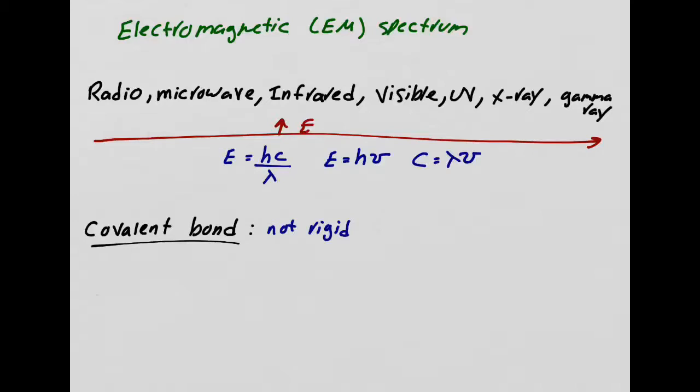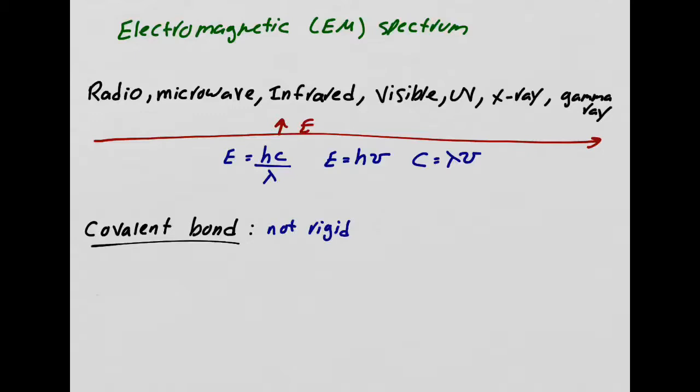When the molecule absorbs the IR energy, the covalent bonds start vibrating. Different bonds are going to be excited at different frequencies. And that's really good for us, because based on the frequency they get excited at, we can tell what type of bond we have. Okay, so hopefully you follow that.